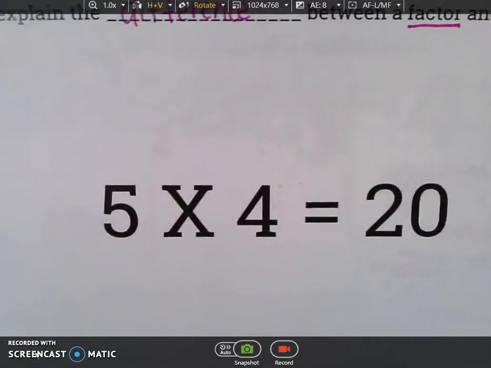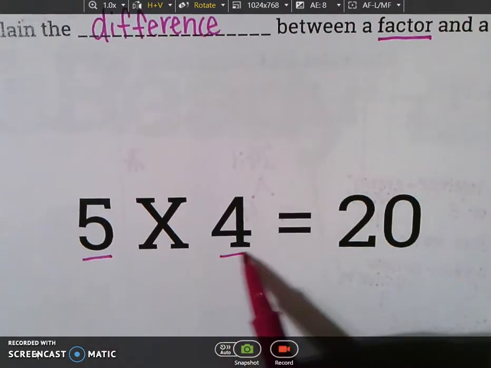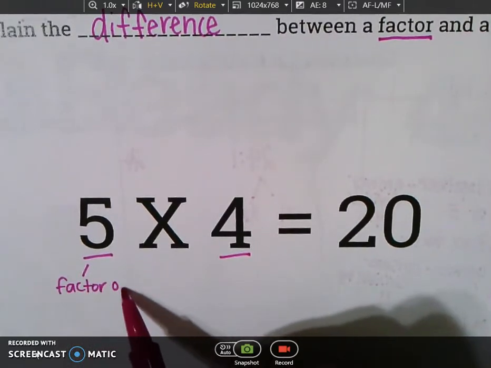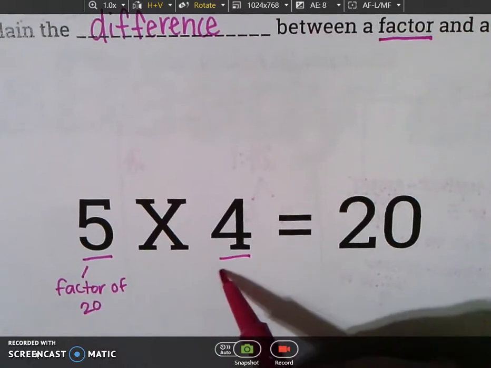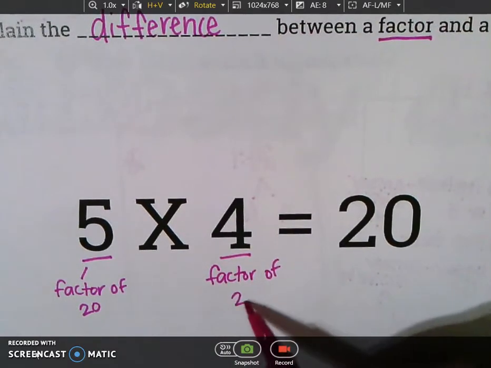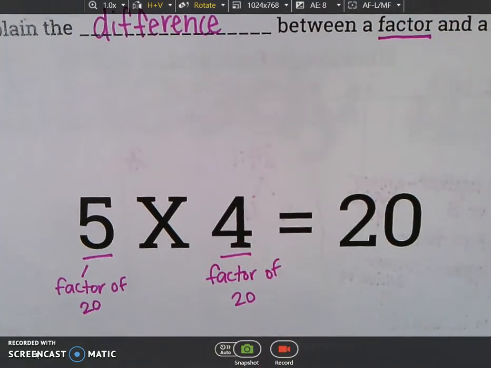Looking at this multiplication equation right here, 5 times 4 equals 20. The 5 and the 4 are both a factor of 20. This would be one factor pair of 20.